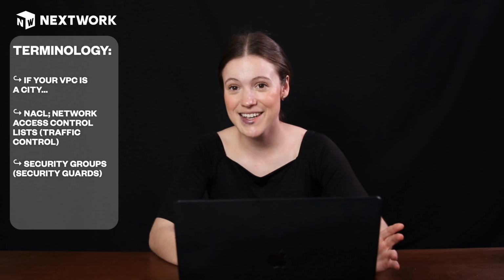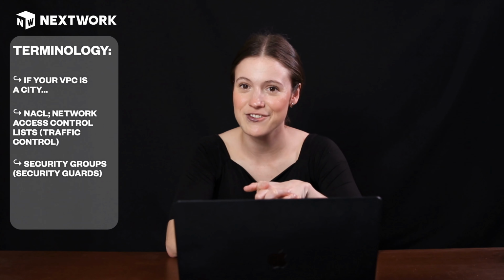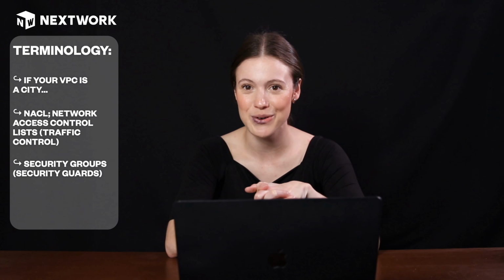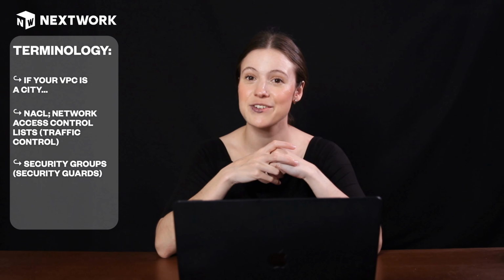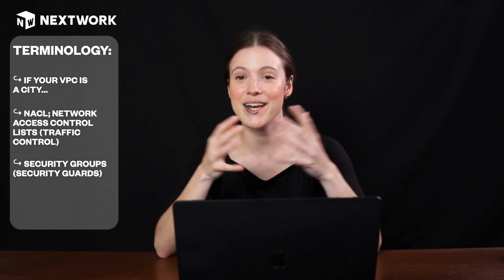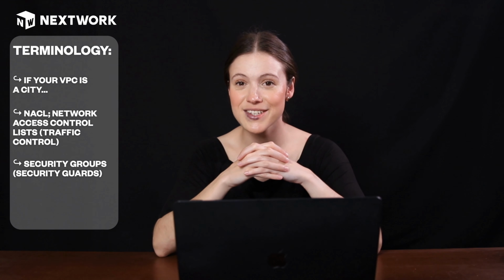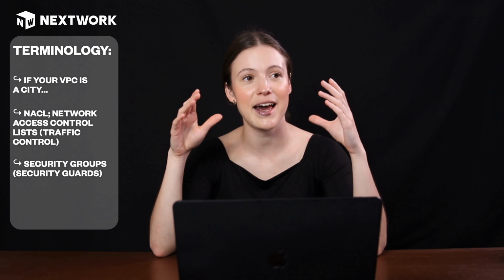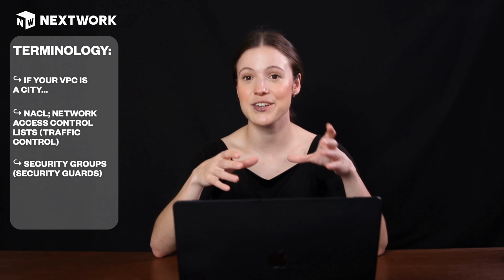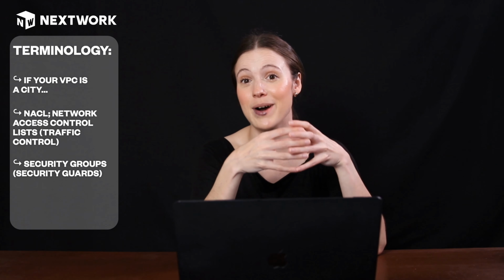Now, if we go back to our city example, we have a couple of new terms to introduce. One of which is a network access controller, which controls all of the traffic which is entering or leaving a neighborhood or a subnet. You also might set up some security groups, which in our city example is like if an EC2 instance is one particular building, then a security group is protecting just that one building.